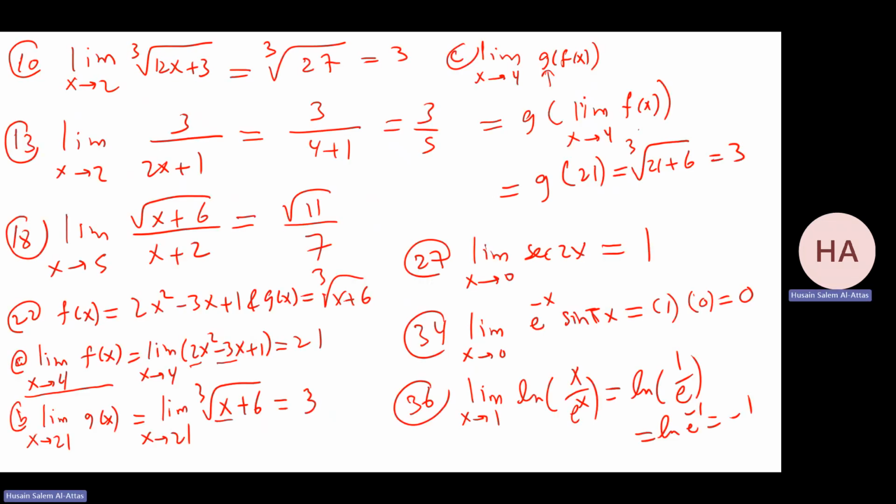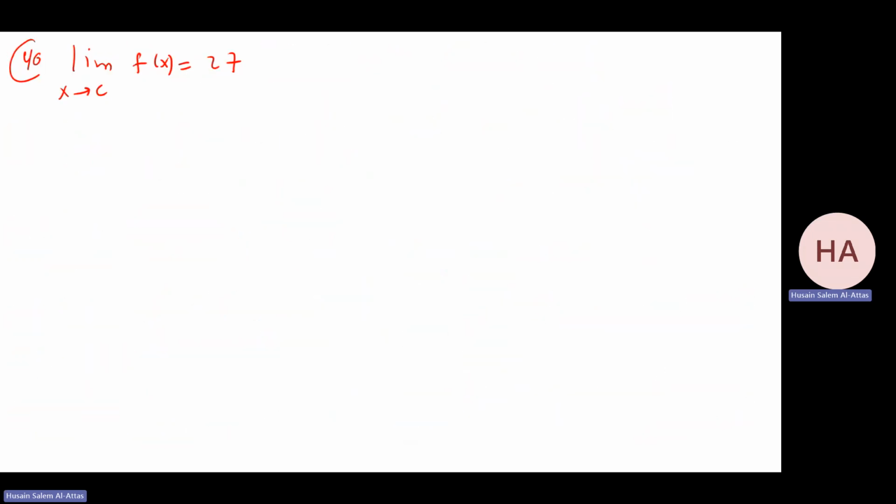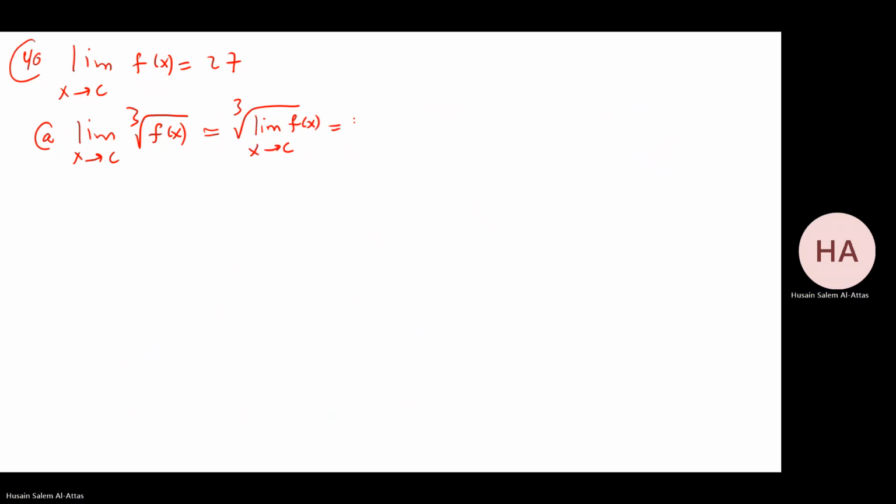Part A, limit as x goes to c of cube root of f of x. Since everything is defined, you can take the limit inside. That will be the cube root of the limit of f of x as x goes to c, which is cube root of 27, which is 3.